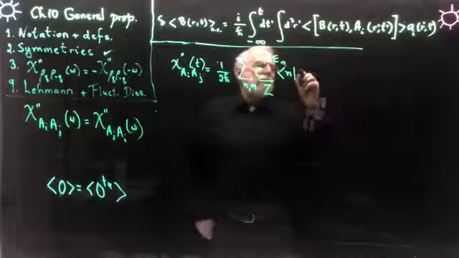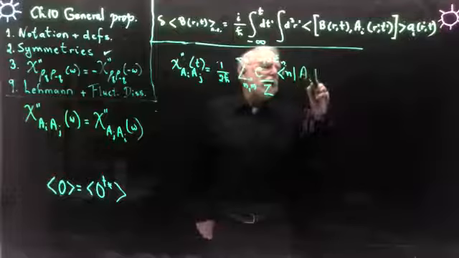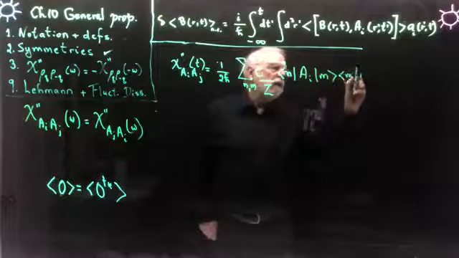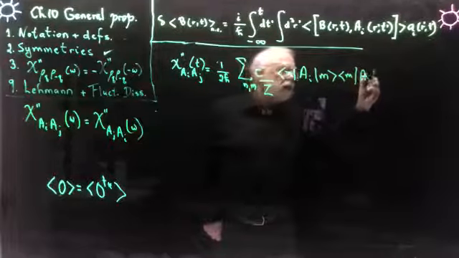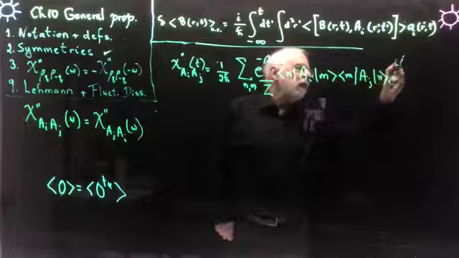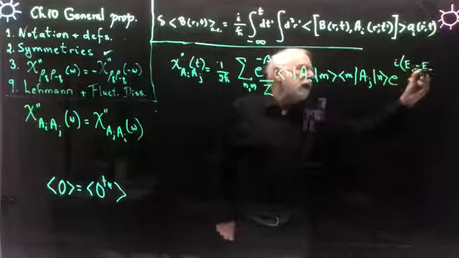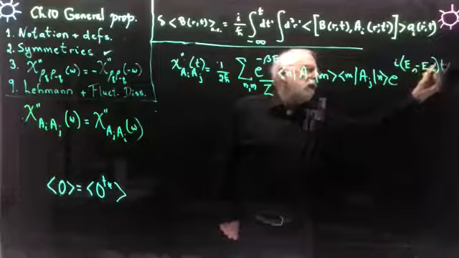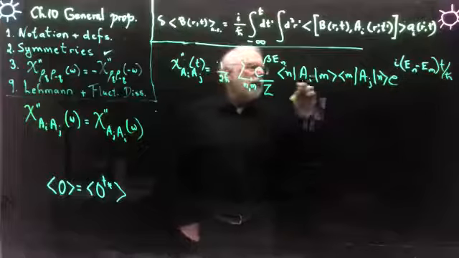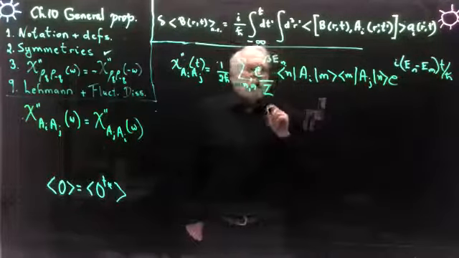So I have <n|A_i|m><m|A_j|n> times e to the i (E_n minus E_m) t over h bar. Okay.